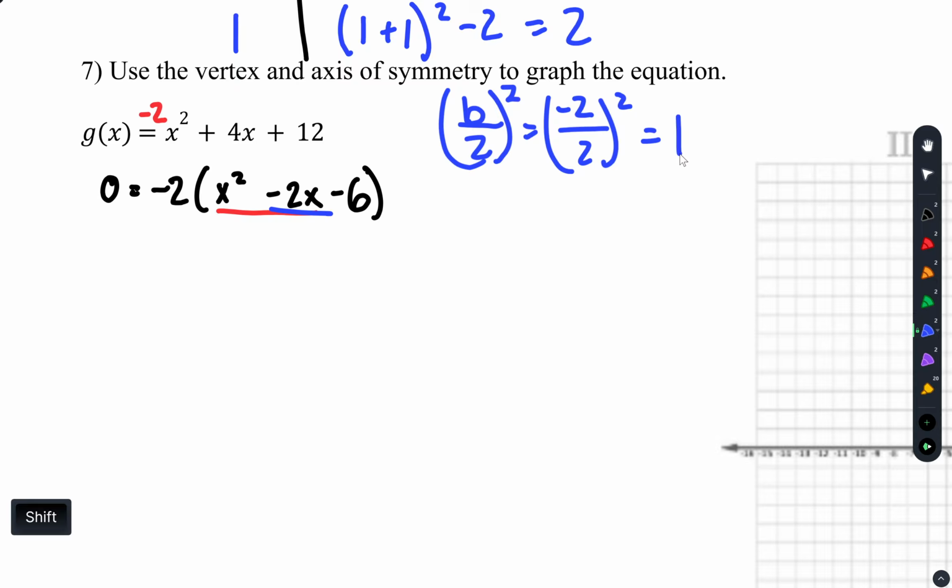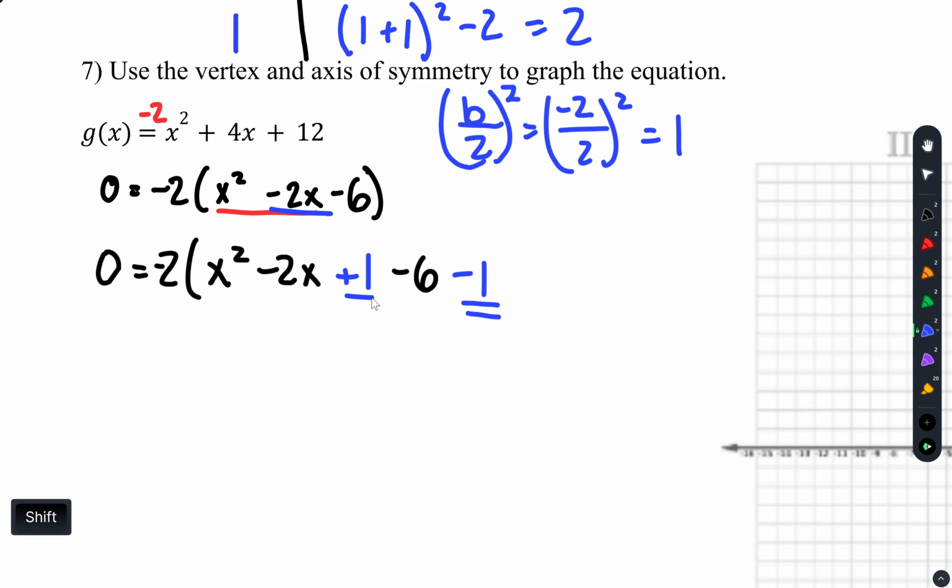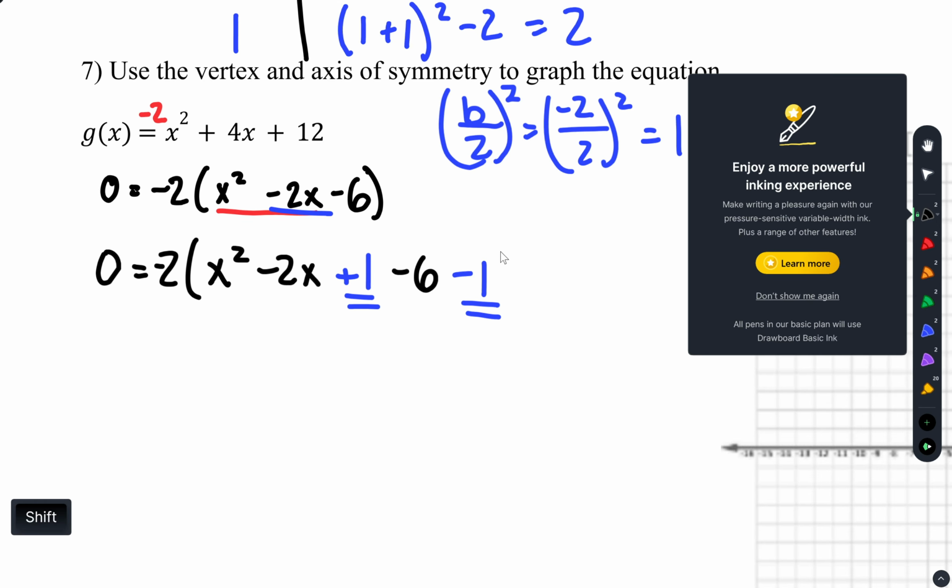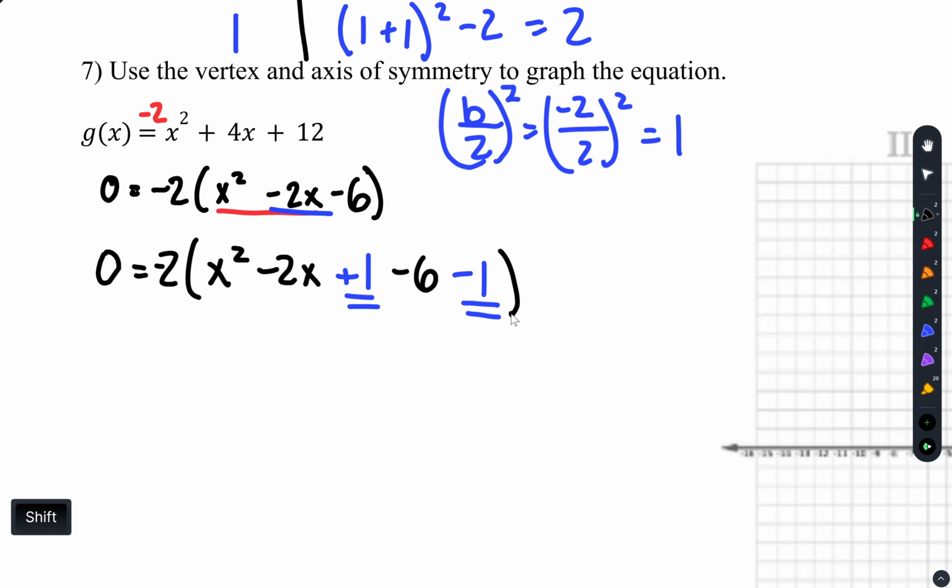So I'm still adding that 1 in order to make my square completed. So let's add 1 here. I have that existing -6. I want to balance it out by doing a -1. Everybody with me so far?